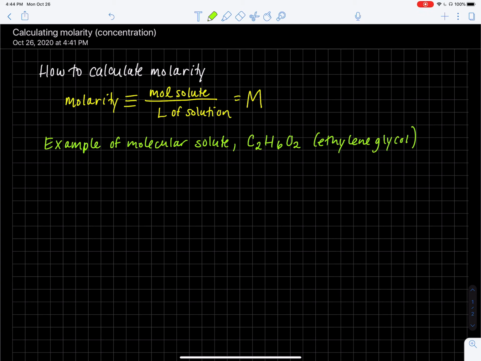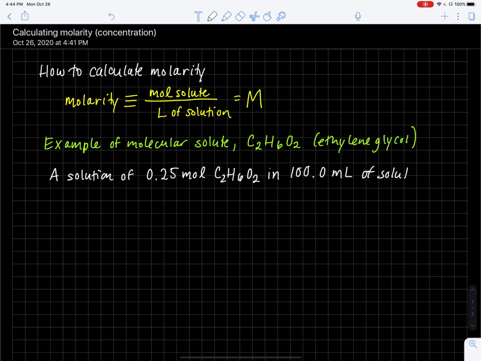Okay, so if I have a solution that includes 0.25 mole of my solute dissolved in 100 milliliters of solution.